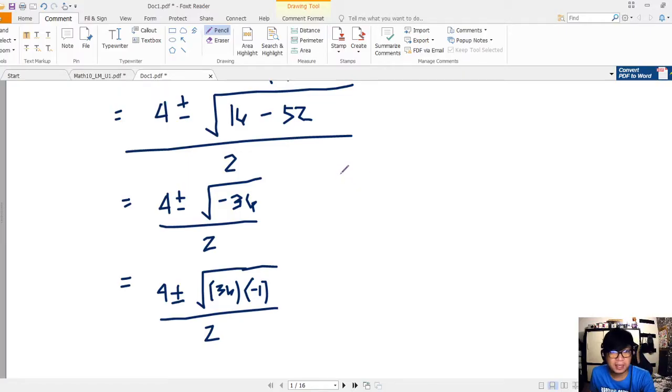So, pwedeng ganito na siya. So, 4 plus minus, kanang eraser natin. The square root of 36 is 6. Tama? Square root of 36 is 6. What is the square root of negative 1? That's i, over 2.